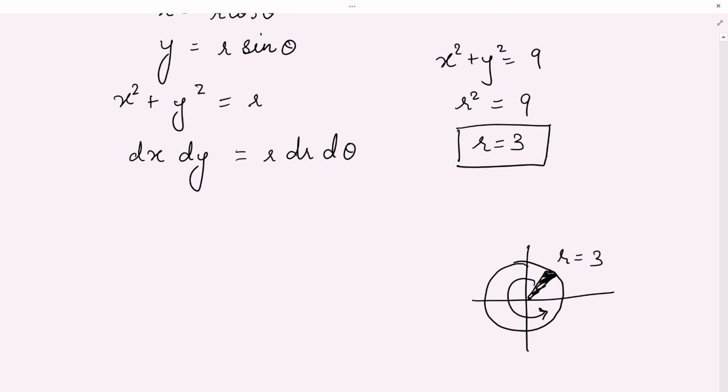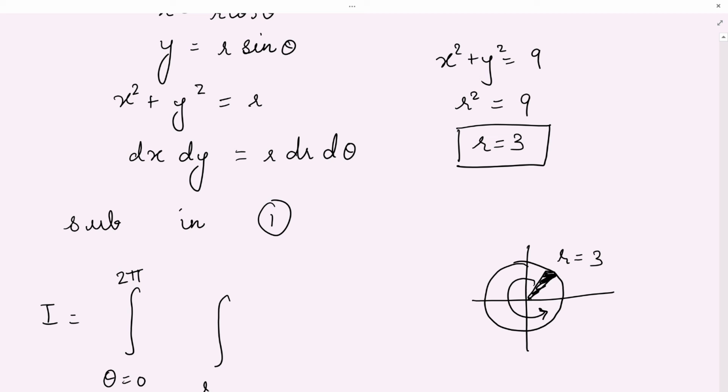Okay, so here the limits of r will be 0 to 3, and limits of theta is a complete circle, so 360 degrees, 2 pi. So substituting everything in equation 1, my integration I will become theta, you know it is 0 to 2 pi, and r is 0 to 3.